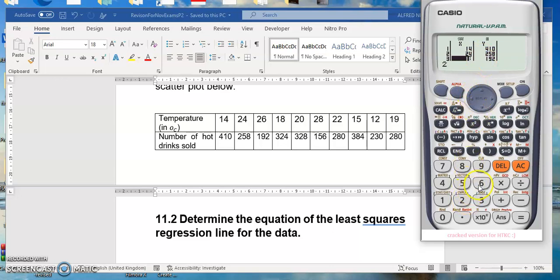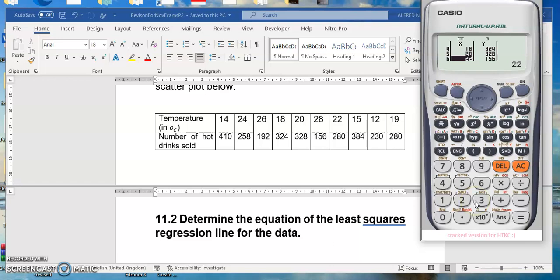Here should be 26. And here should be 18. And here should be 20. And here should be 28. So 20 corresponds with 328.